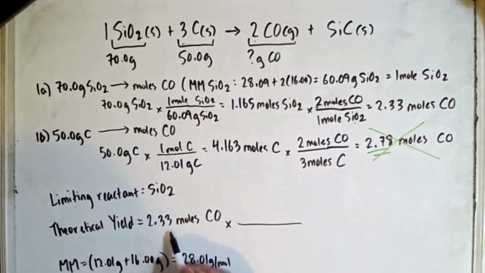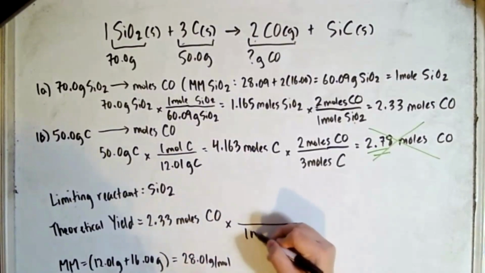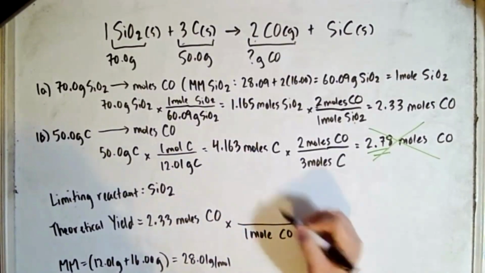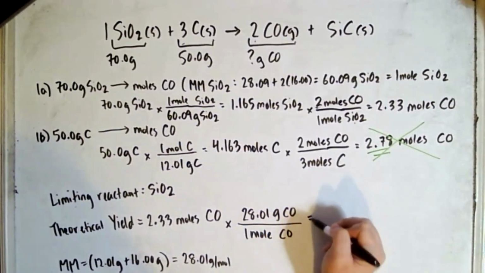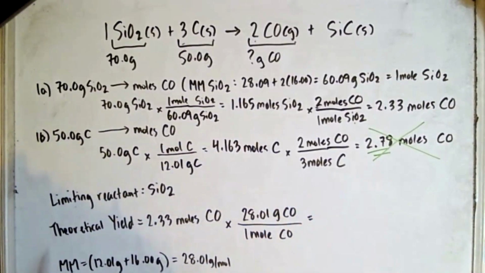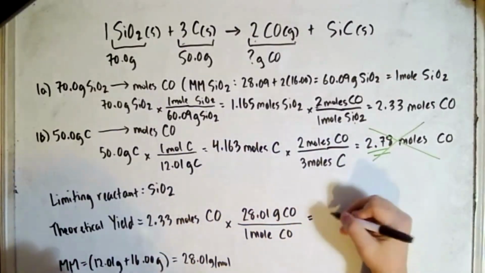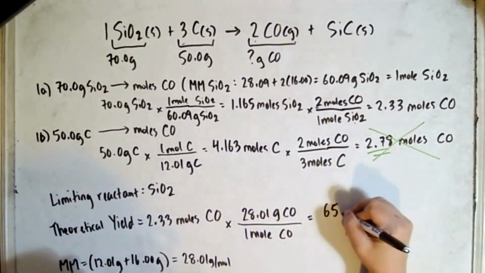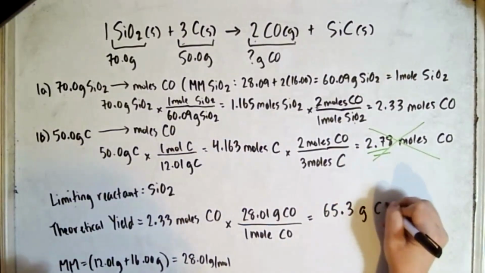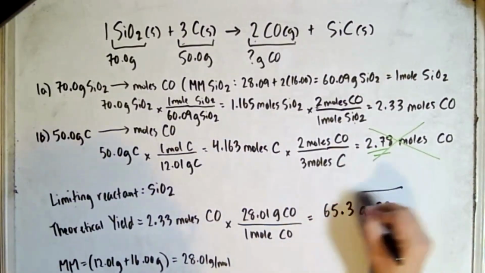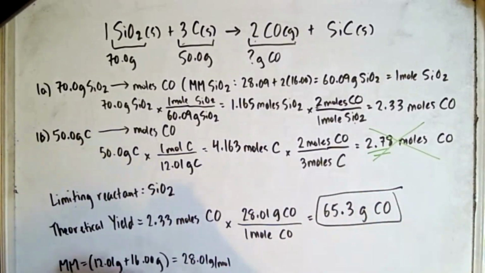So if I have 2.33 moles of carbon monoxide, I know that every 1 mole of CO is going to be 28.01 grams of CO. Which is going to leave me with 65.3 grams of CO formed when this reaction is finished.